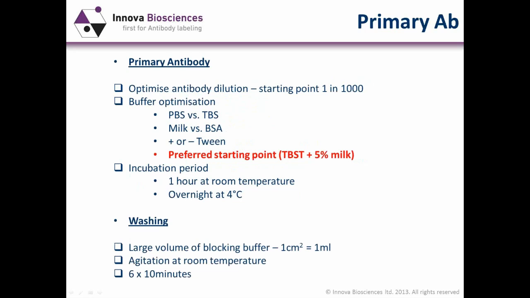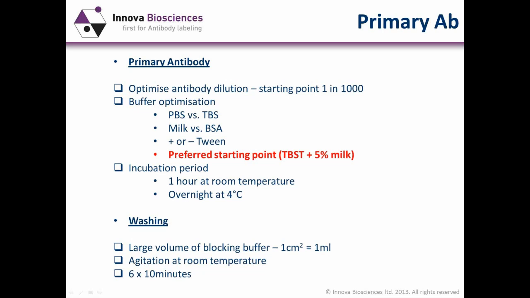With the primary antibody, it can be very difficult to optimize which conditions are best. You've got various factors which come into play, whether it be a monoclonal or a polyclonal, whether it be a high affinity binder versus a low affinity binder. Again, it's going to vary on a case-by-case basis. But this is how I always optimize my antibodies.